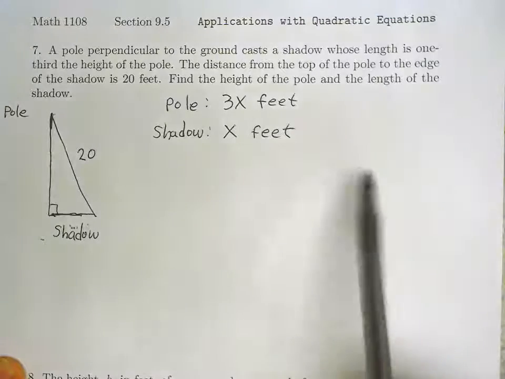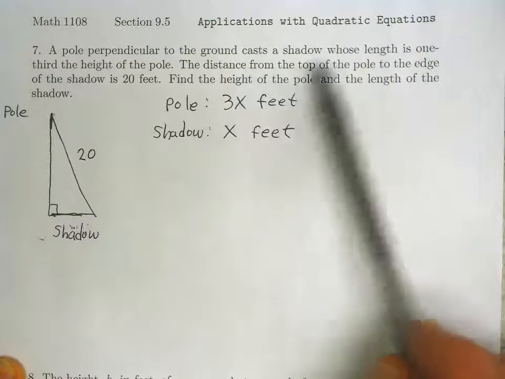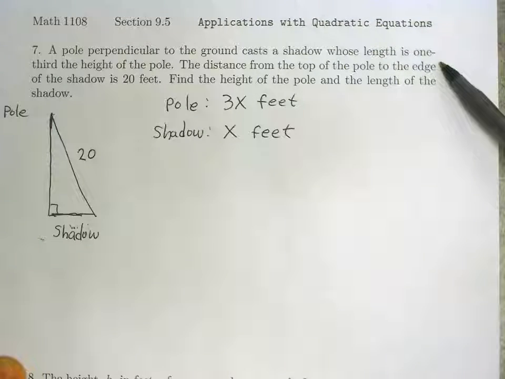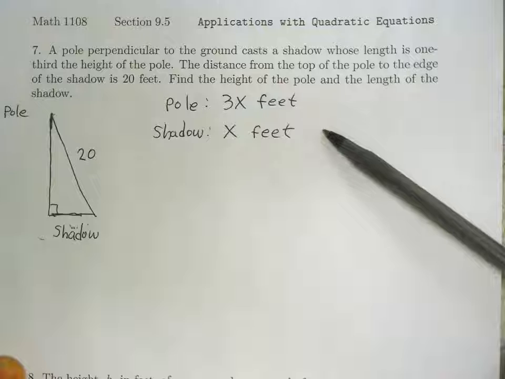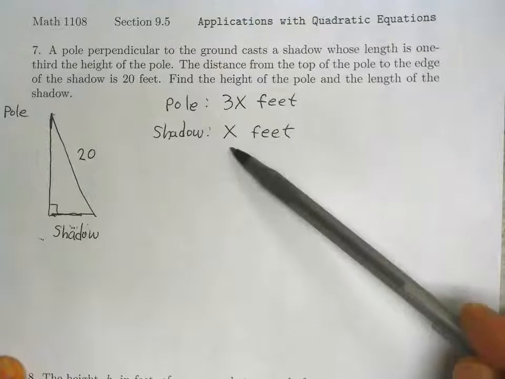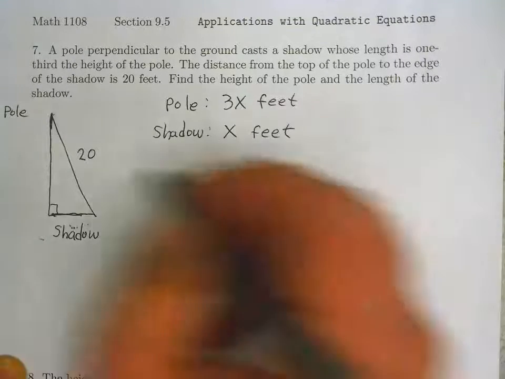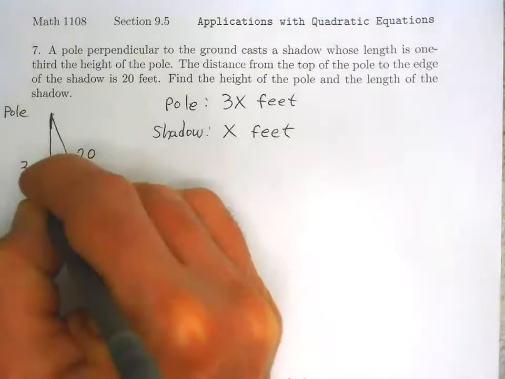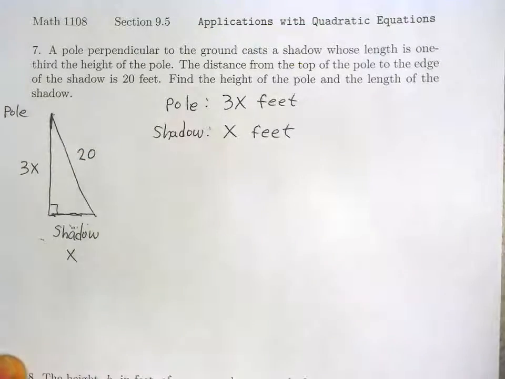And then you can verify by looking closely at your variable assignments and the information in the first sentence to make sure that it makes sense. Yeah, sure, it makes sense. x is 1/3 of 3x. Okay, so we have 3x for the height of the pole and x for the length of the shadow.